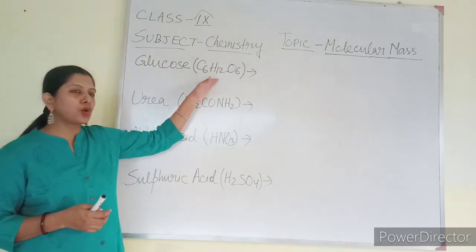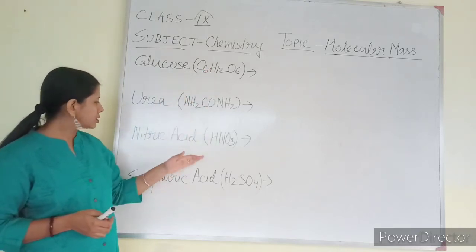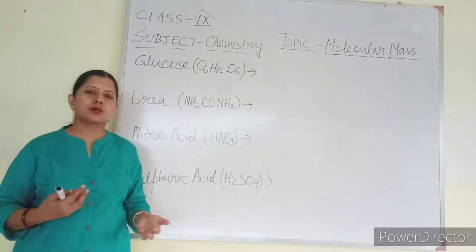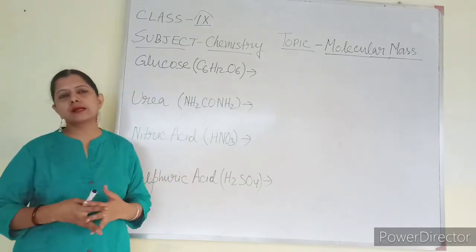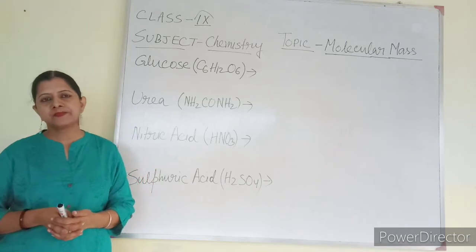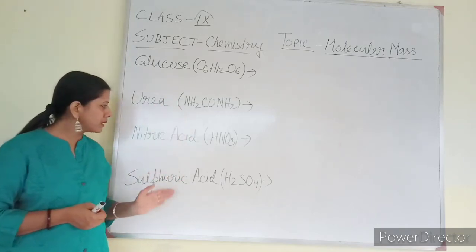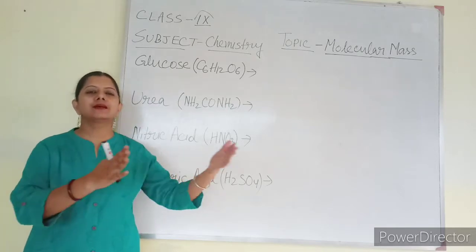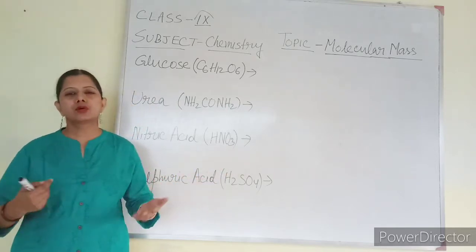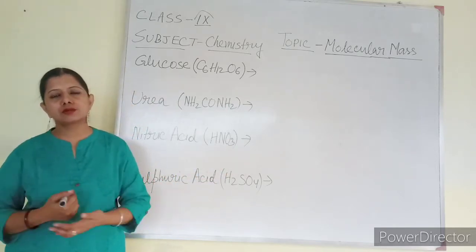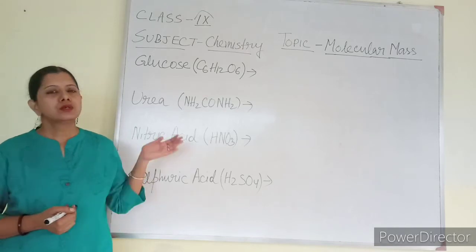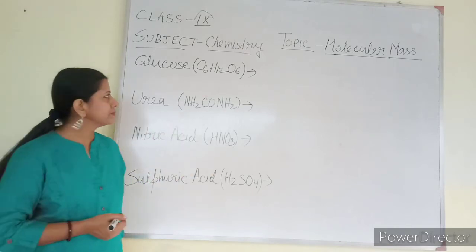But glucose, nitric acid, sulfuric acid, all these are common compounds, so these are easier for you to understand. Maybe you will get a question where these common names are not given, only the formula is given, and you find the molecular mass. That is also going to be easier for you. So let us start calculating.